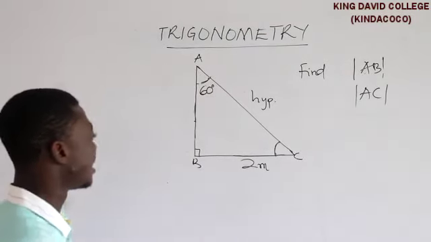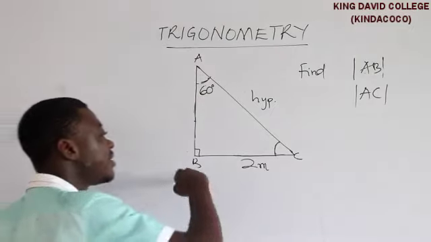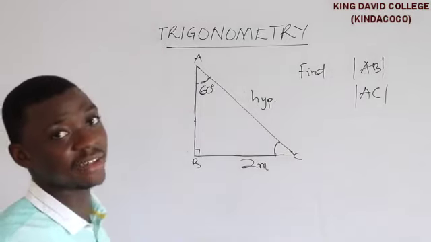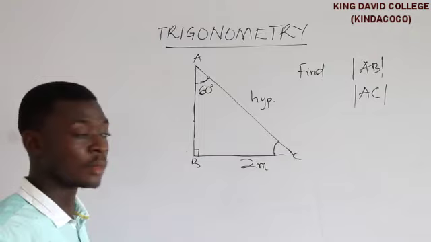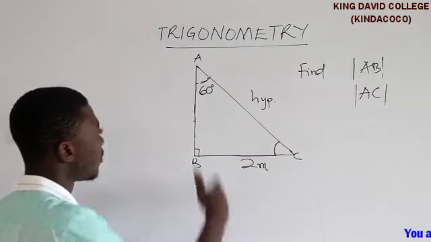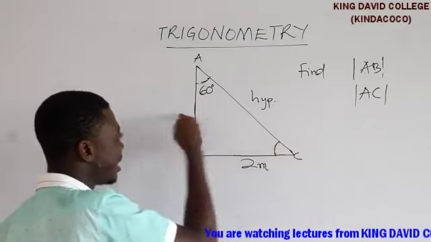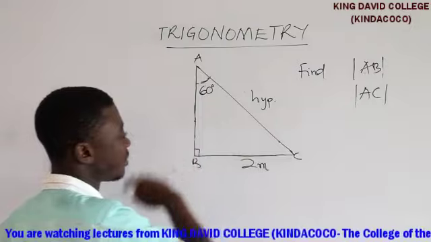Okay, so then line BC now becomes the opposite. And if this is now opposite, this is hypotenuse, then obviously the other side becomes your adjacent. Okay, so for this one to face here, if the angle was supposed to be here, it would have faced this place, right?